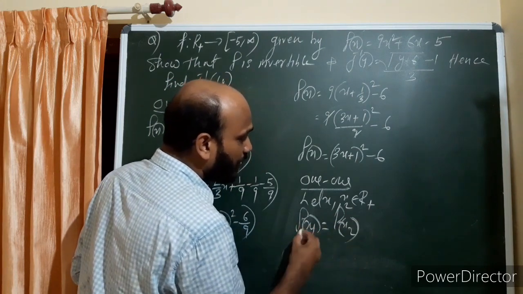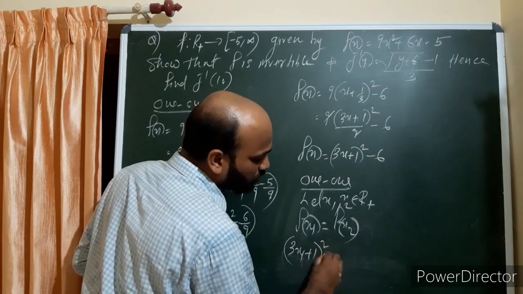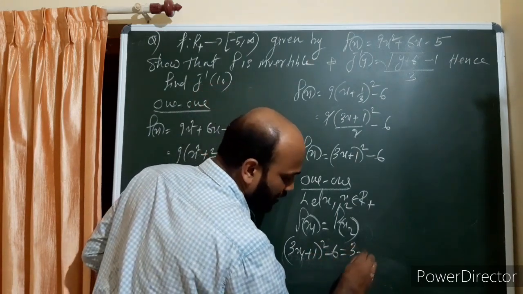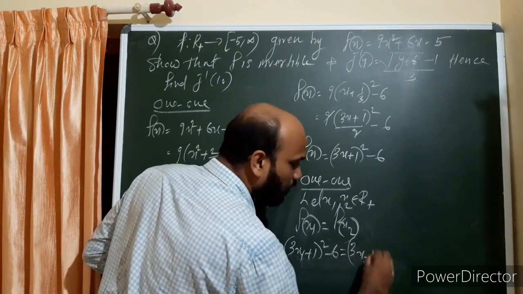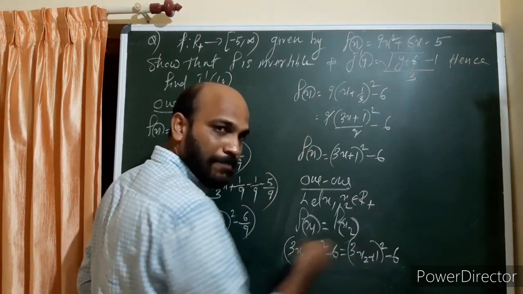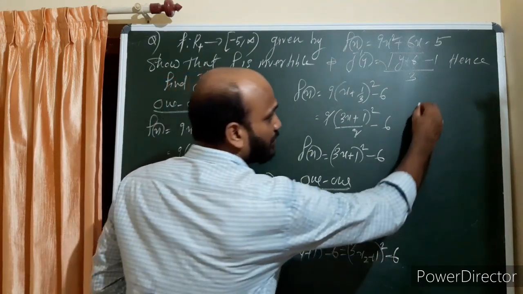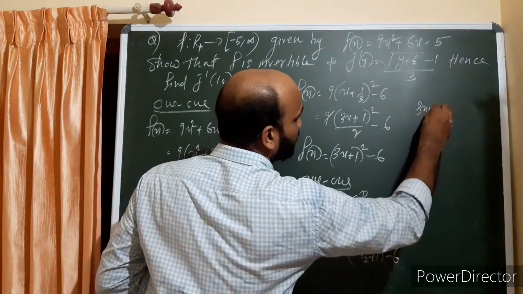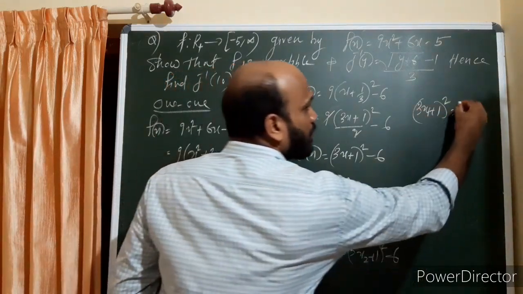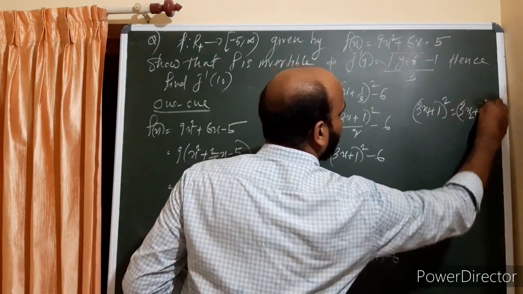So f of x1 will be 3x1 plus 1 whole square minus 6 and f of x2 will be 3x2 plus 1 whole square minus 6. First we can cancel minus 6 from both sides. After that we will get 3x1 plus 1 whole square is equal to 3x2 plus 1 whole square.